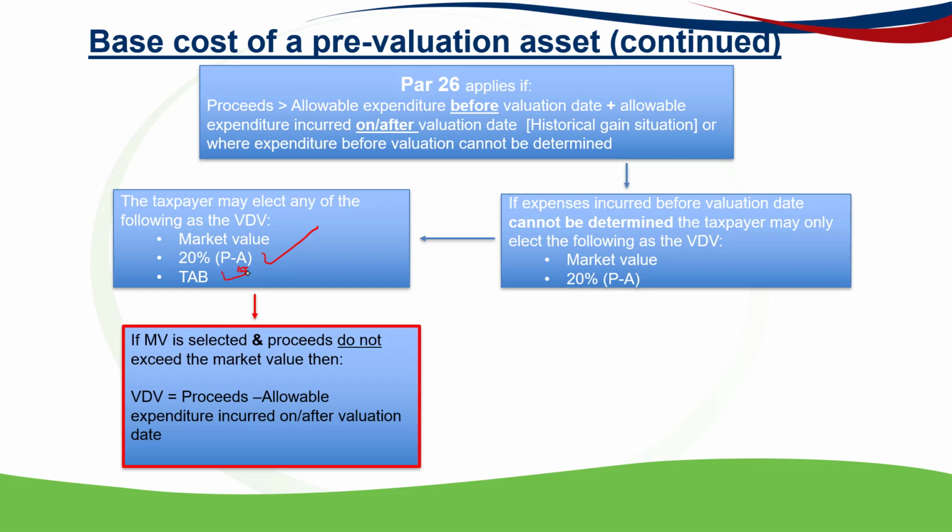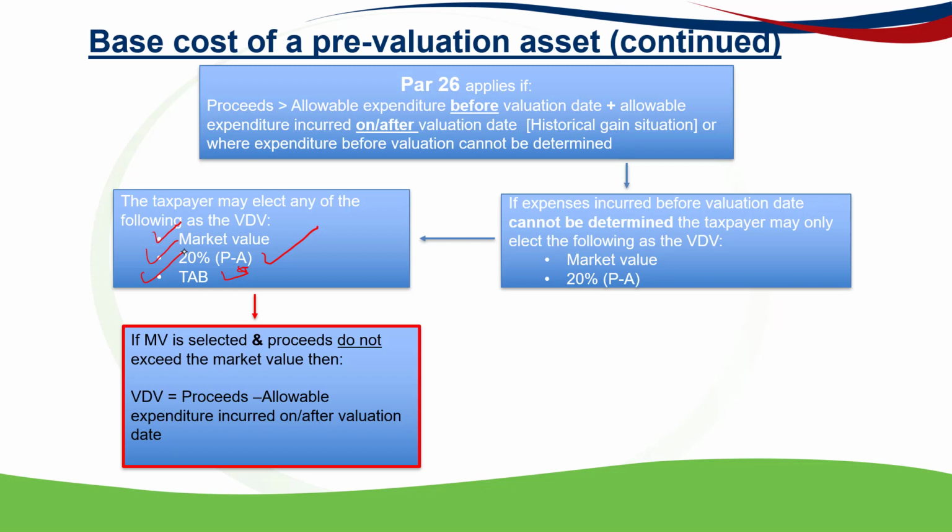So if a taxpayer can determine the expenditure incurred before the valuation date value and they are in a historical gain position, they have the following three options to select from. So they have the market value, 20% of proceeds less allowable expenditure incurred on or after the valuation date value, and then lastly TAB.